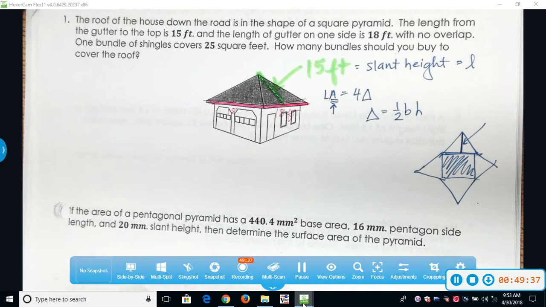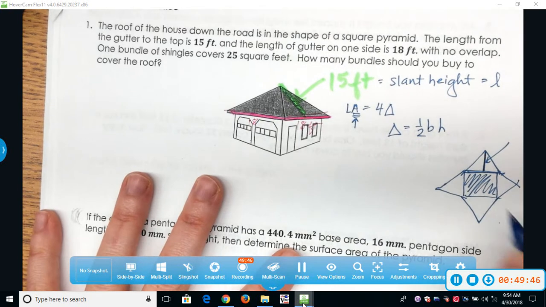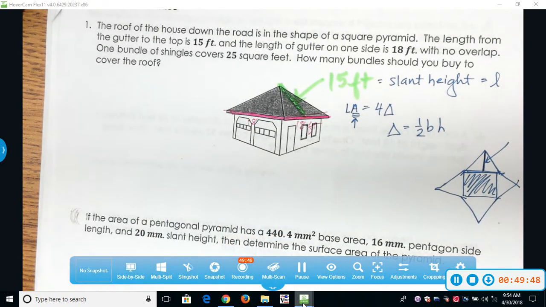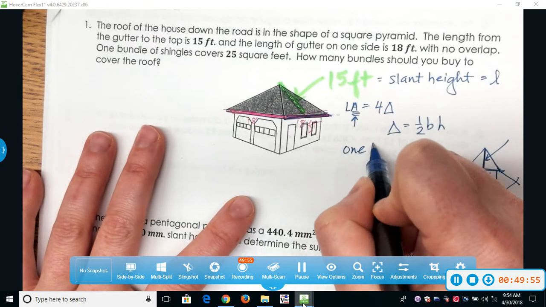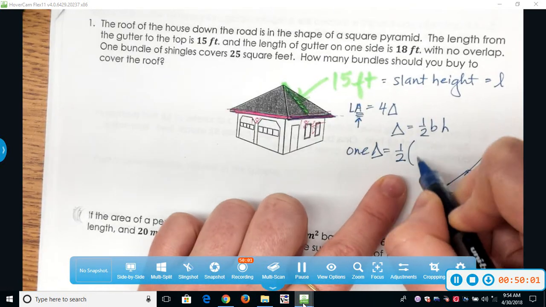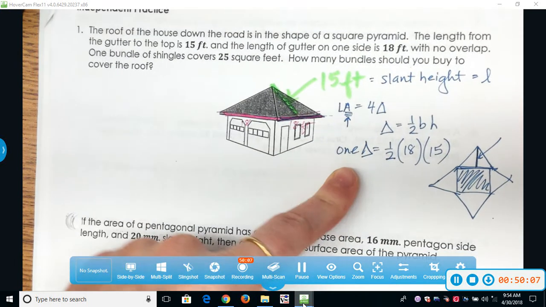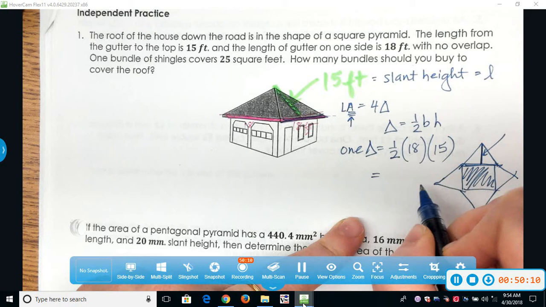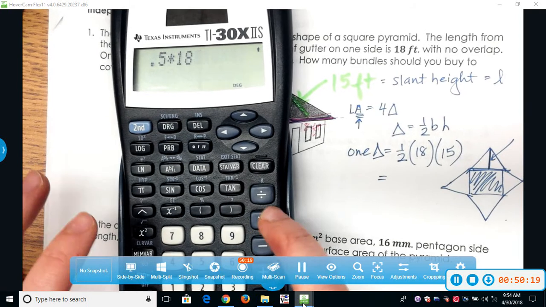I like to say slanty, so maybe you'll remember it on the test. All right, so my base is 18. My height is 15. Plugging in to get the area of one triangle, the area is 0.5 times 18 times 15.